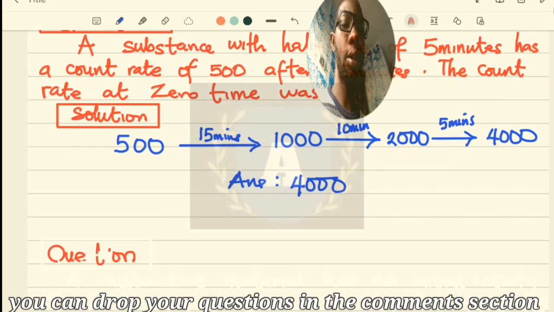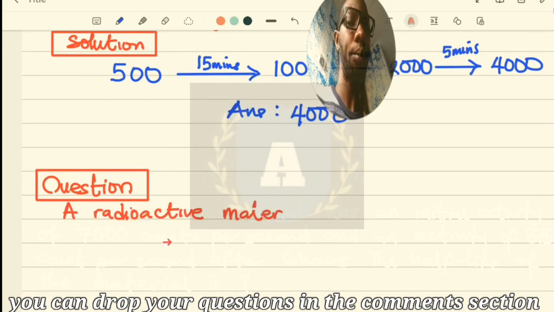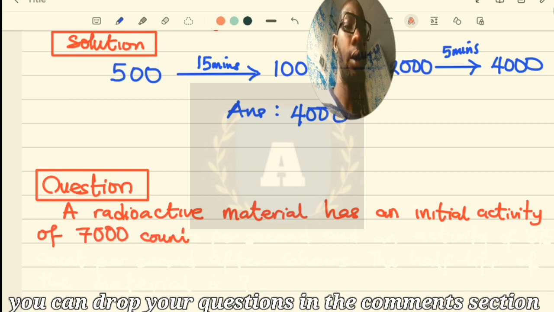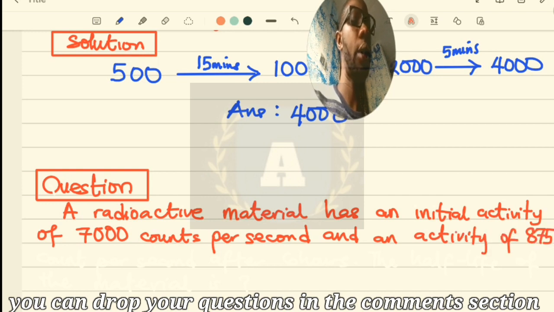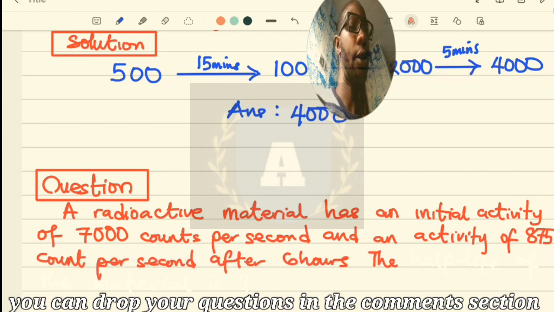Then the second question, what does it say? It says a radioactive material has an initial activity of 7000 counts per second, and an activity of 875 counts per second after 6 hours.